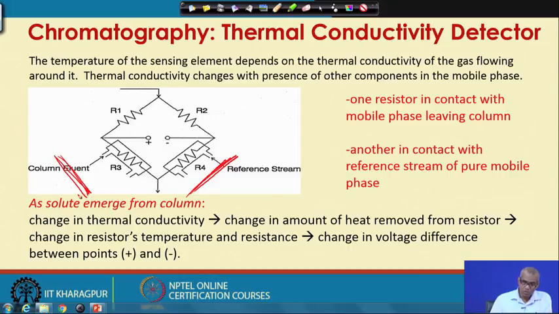So, there will be a change in the resistor's temperature and resistance. Thus, there will be a change in voltage difference between these two points, or an unbalanced current in the circuit. So, the thermal conductivity detector thereby will produce an electrical signal corresponding to the components present in the mobile phase.